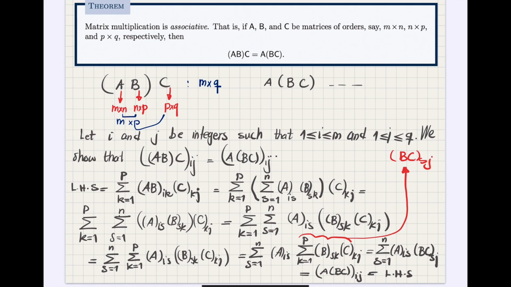But do you think associativity of addition of numbers also plays a role here? So assuming that you lose associativity of addition, but you still have associativity of multiplication, do you think something will happen to this theorem?